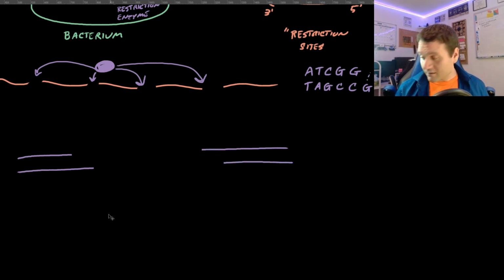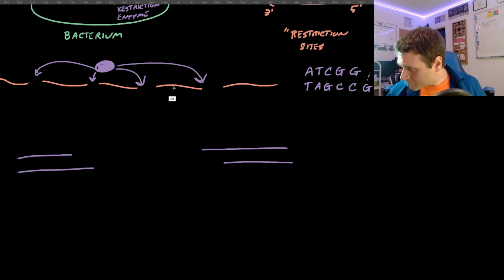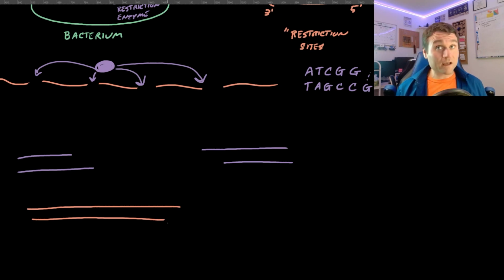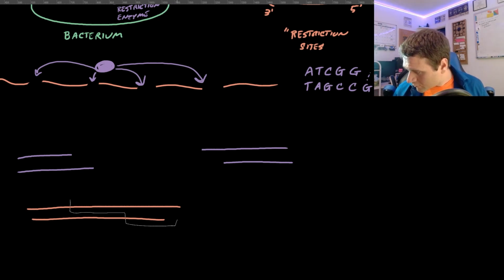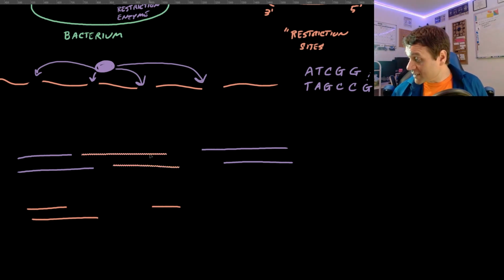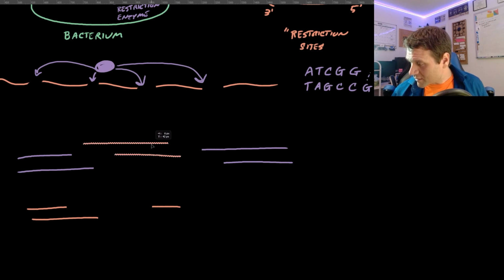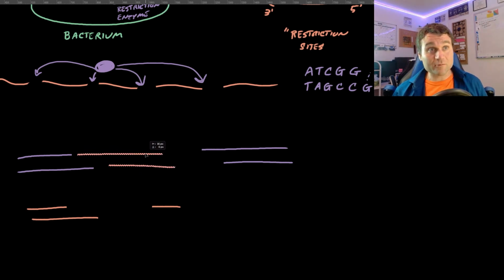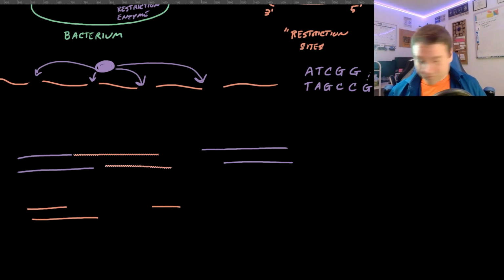And if I had a restriction enzyme from a second species, and I cut it with the same restriction enzyme, then it would find the same palindrome, and it would cut it in exactly the same way. Now I could take a section of DNA from the one species that was cut in two places with the same restriction enzyme, and I can fit it in to the DNA of the other species.